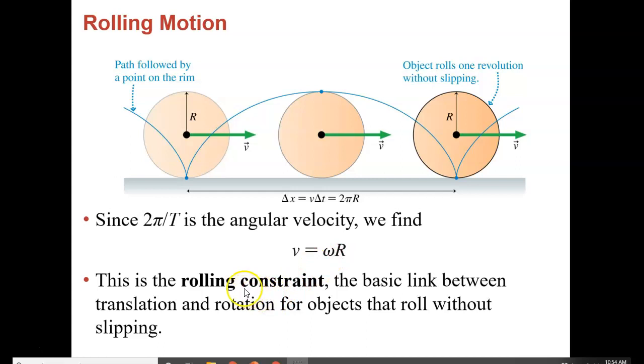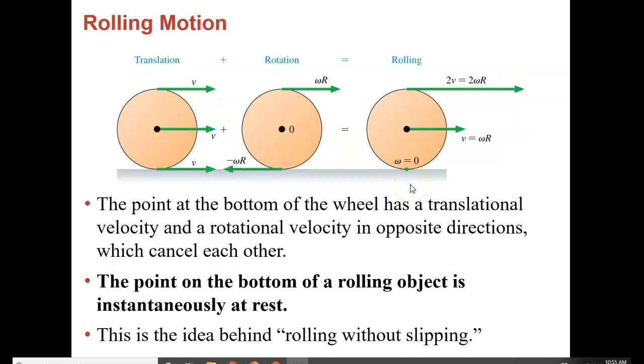And this is the rolling constraint, which is the link between translation and rotation for objects that roll without slipping. Translation means it just moves along, it kind of slides, and rotation means it spins. The point at the bottom of a wheel has a translational velocity and a rotational velocity in opposite directions.